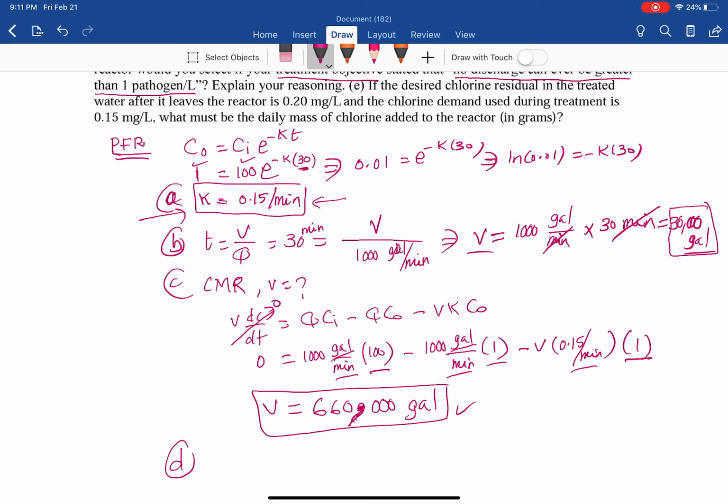Okay, so they both would give you the same concentration of pathogens leaving the tank. So my selection, since the volume is much higher, CMFR in this would be the best selection.